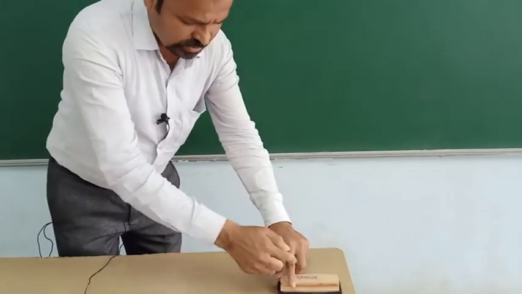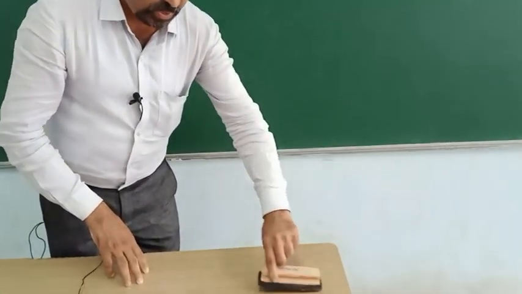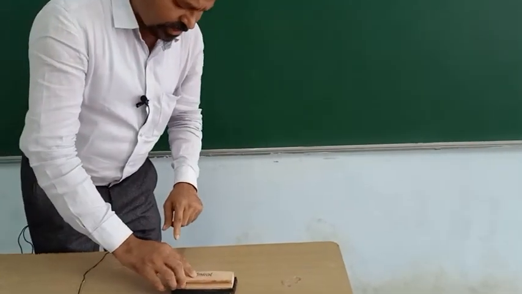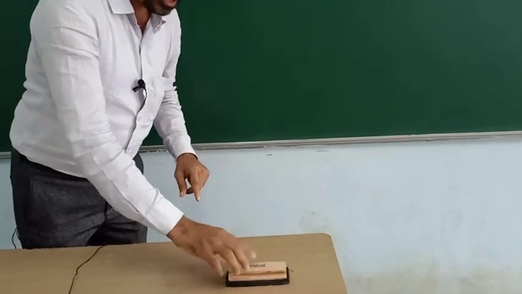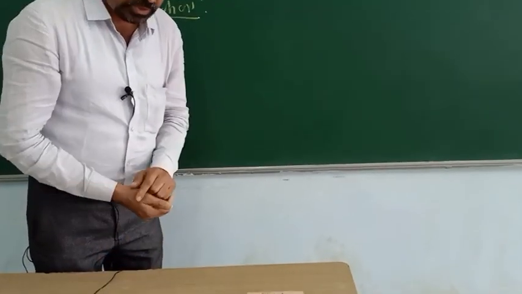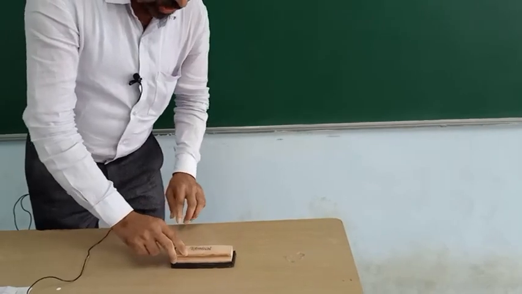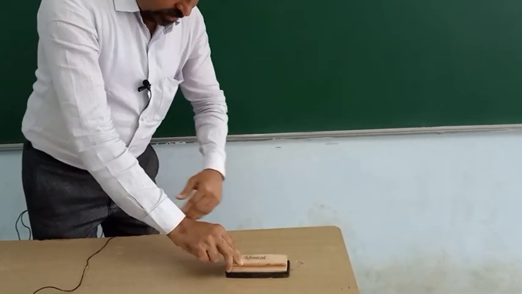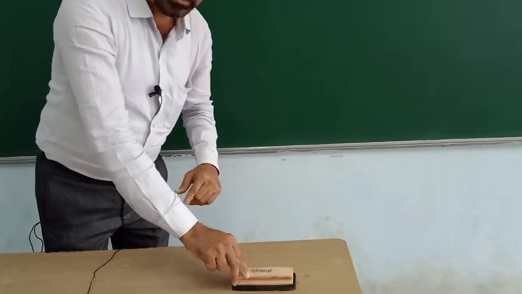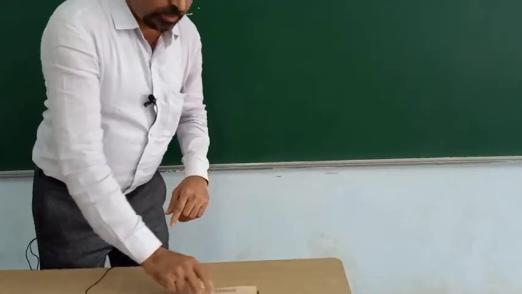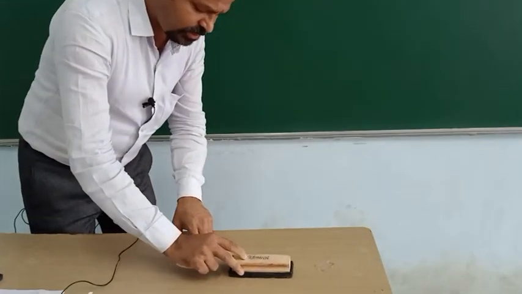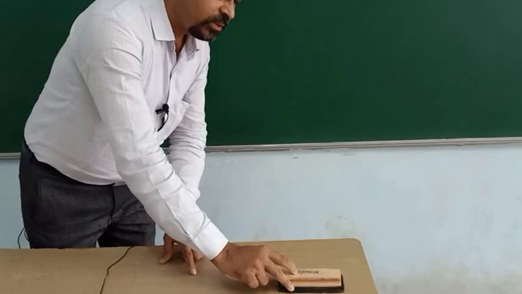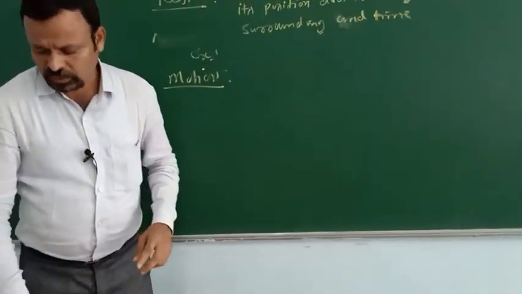Now the duster is in motion. So in order to define the duster in motion, we should consider surrounding and time also. Here you see the position of the duster changes with time with respect to surrounding.